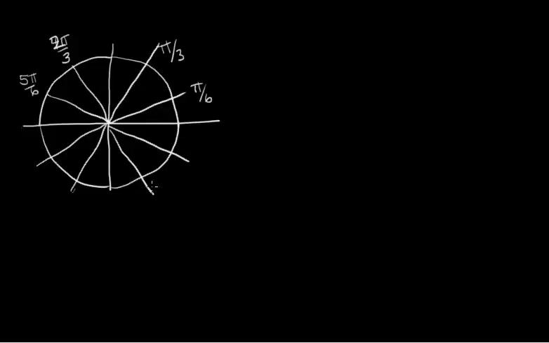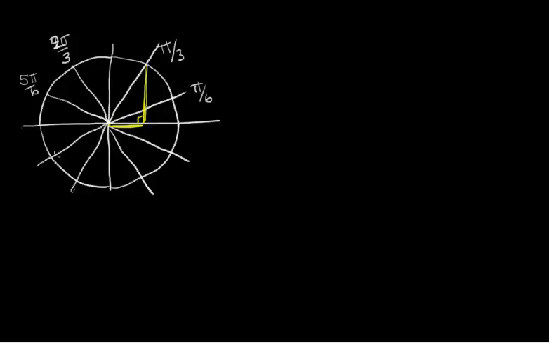Now in each one of these, no matter where, if you're not on the axes, to find the x and the y coordinate, we would drop a perpendicular there, and this is our y and this is our x.